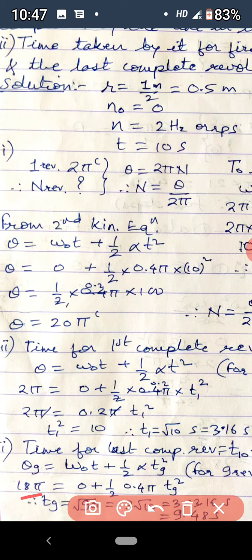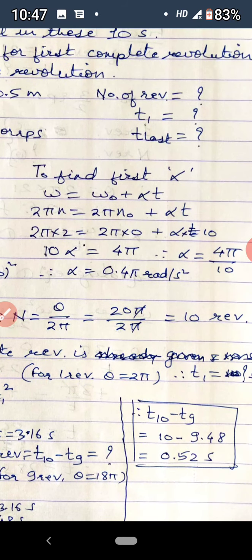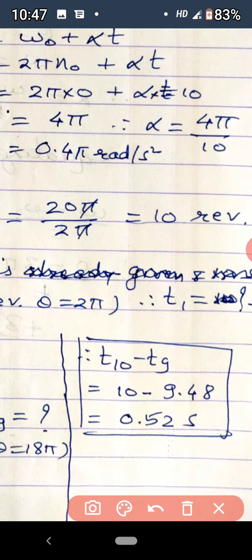After solving this, we get t9 as 9.48 seconds, and t10 minus t9 means 10 minus 9.48. We get the answer as 0.52 second. So finally the time for the last complete revolution is 0.52 second.